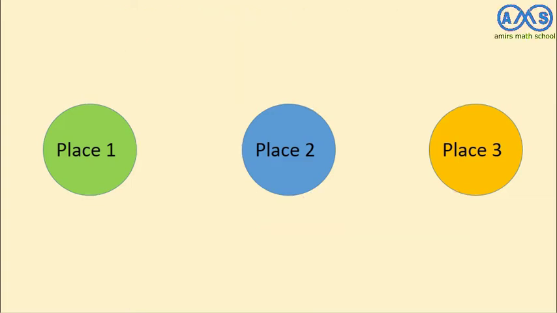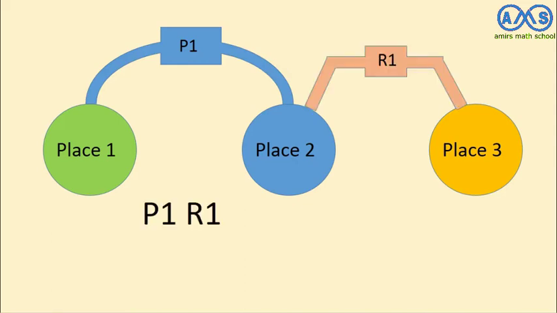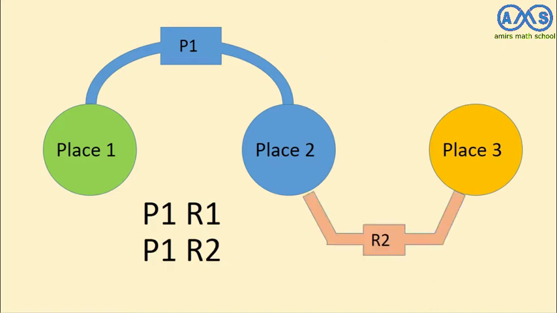Let's see the alternative paths. We can choose P1 to reach from place 1 to place 2 and R1 from place 2 to place 3, that is P1 R1. In another path, we can choose P1 to reach from place 1 to place 2 and path R2 to reach from place 2 to place 3.